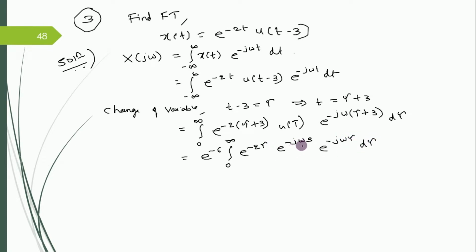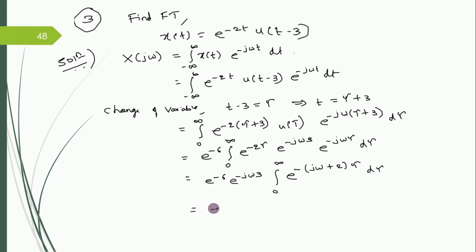So here again e raised to minus j omega 3 is a constant, I take it outside. So what is left is e raised to minus 2 tau and e raised to minus j omega tau. So I write it as e raised to minus j omega plus 2 tau d tau. This is how I write it.